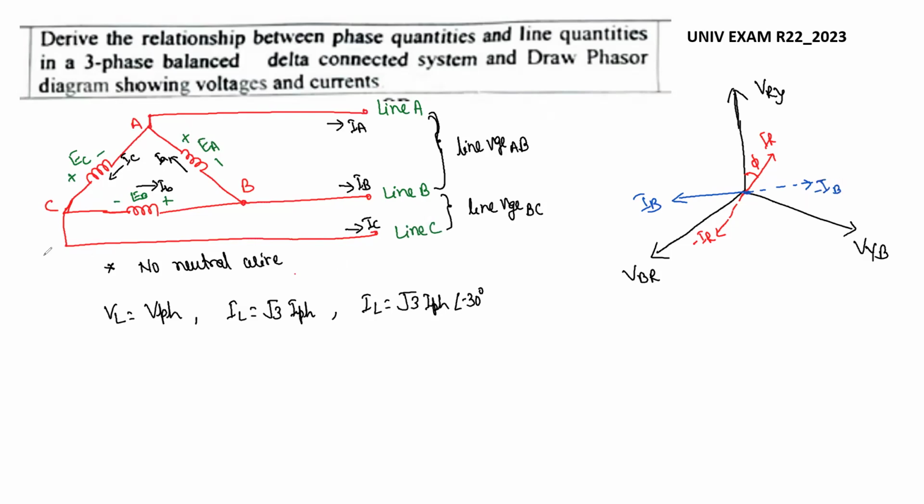Now which one is left? Yellow. So we need to draw yellow. It will again be at 120 degrees. This is IY, and on the backside of that, you project the same, which represents minus IY.